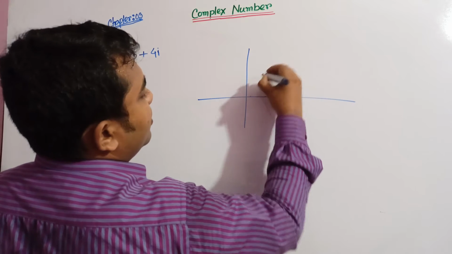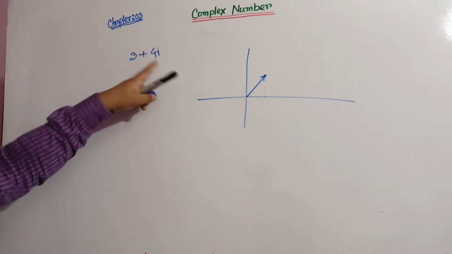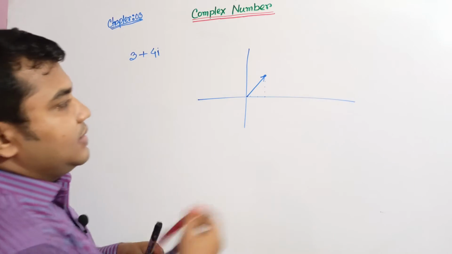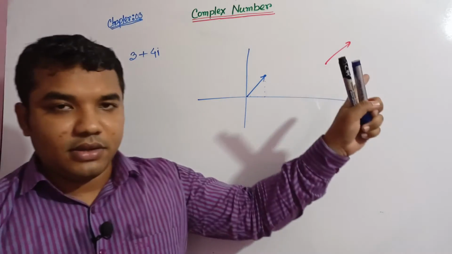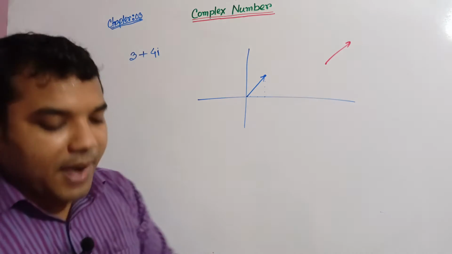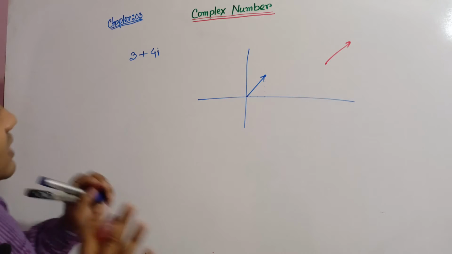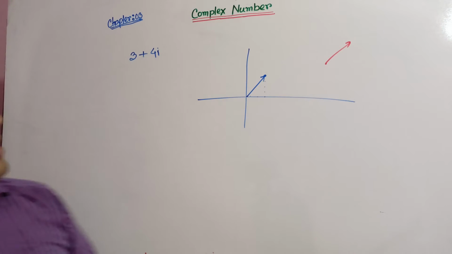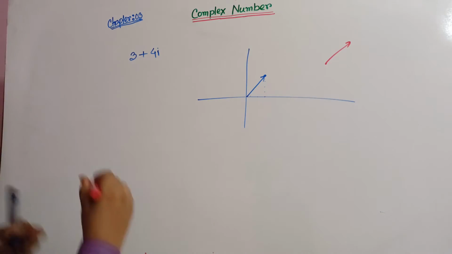Say for example 3, 4. In this way we'll get this point, and this is actually looking like a vector. And if this is a vector, then this type of vector has two components. One is magnitude and another is direction. Similarly, a complex number has a magnitude, and that magnitude is known as the modulus.